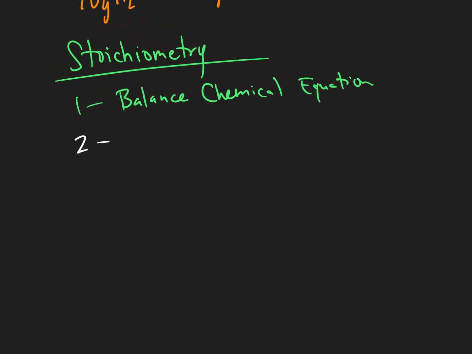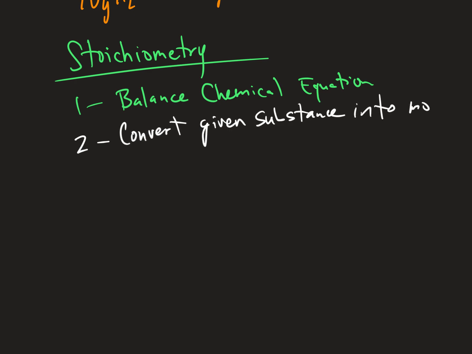So convert given substance into moles. Okay? And again, we're just following the mole roadmap. What's our third step? We convert to moles of desired substance.